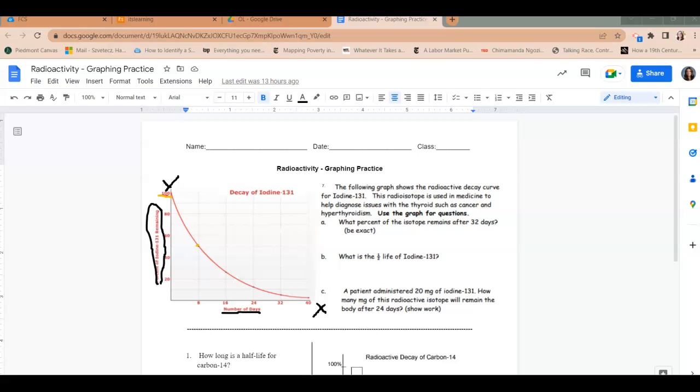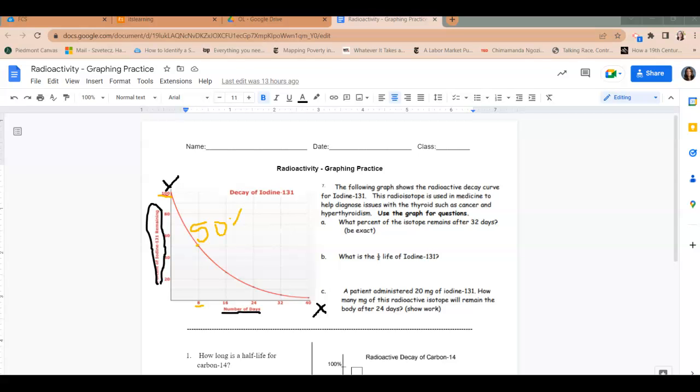So again, it's very important that you remember we are trying to figure out when half of this sample has decayed. And that's going to tell us what one half-life is. In this case, one half-life is 8 days. So at this point, we know we have 50% left.